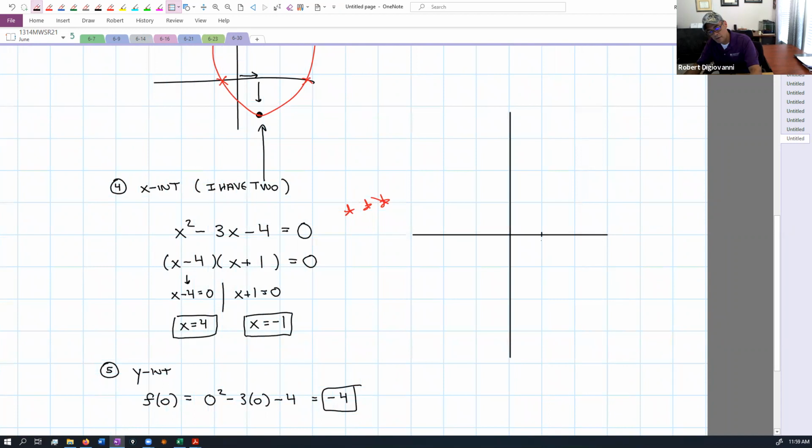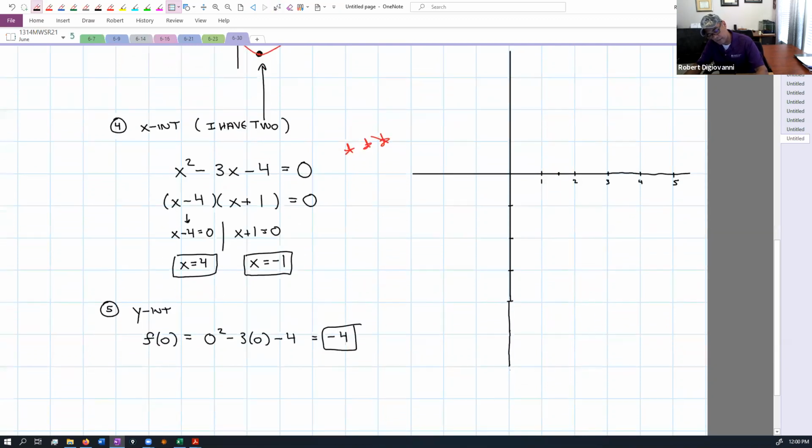So if this is 1 and this is 2, I might have to extend this out. This is 3, this is 4, this is 5. I'm supposed to go to the right 1.5. That's about right there. And down 6.25. 1, 2, 3, 4, 5, 6. There's -7. Here's -6. So I went to the right 1.5 and I'm going to go down -6.25.